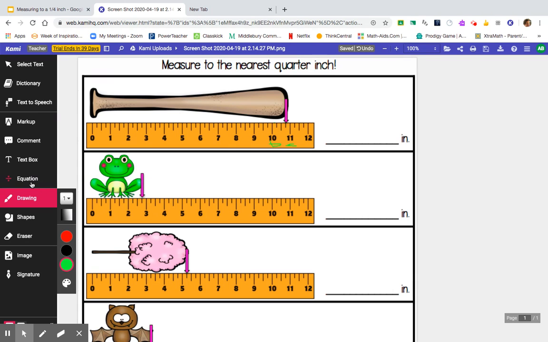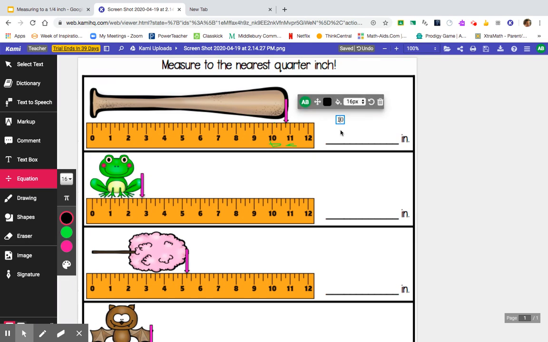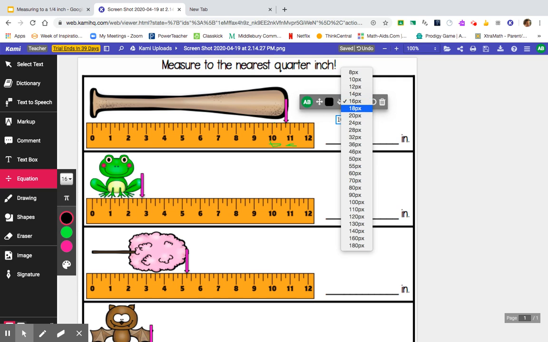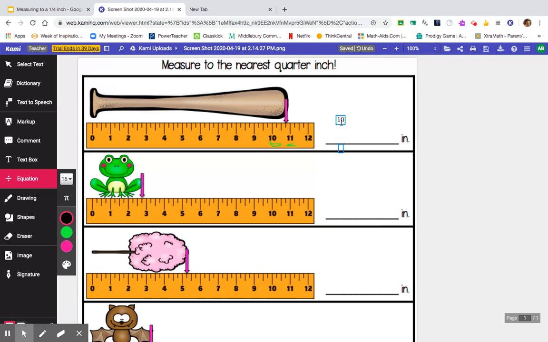So I know it's going to be at least 10 something. Let me make this bigger. Okay, let me move my box. But 10 and what? Again, I have to think about how many of these 1/4 boxes this bat fills up. I'm going to get another tool so we can see that, my box highlighter.